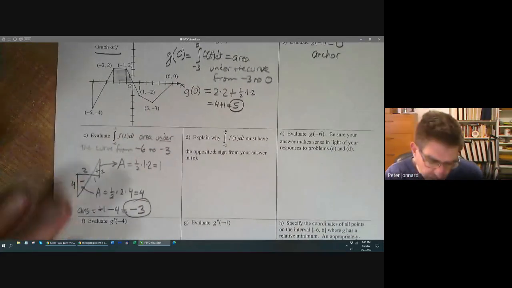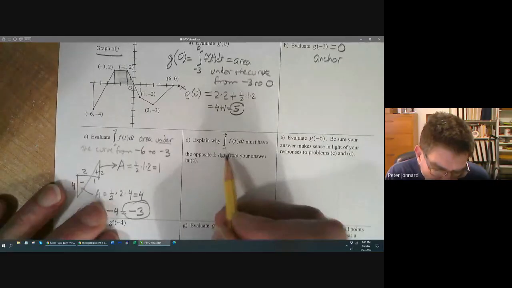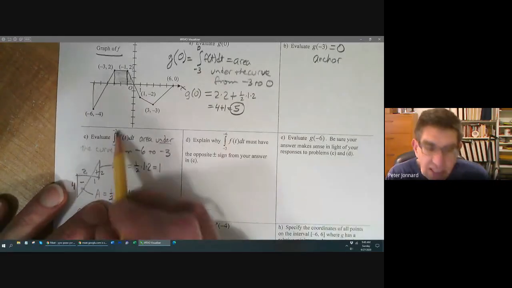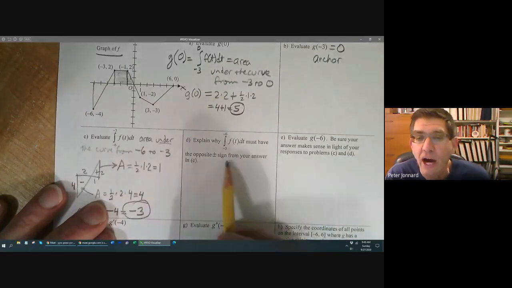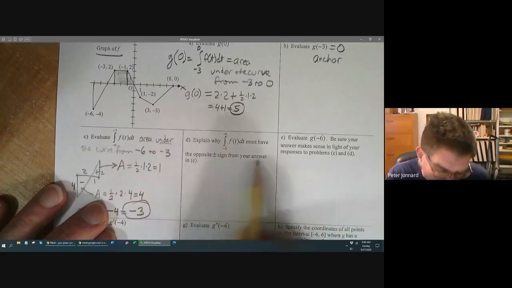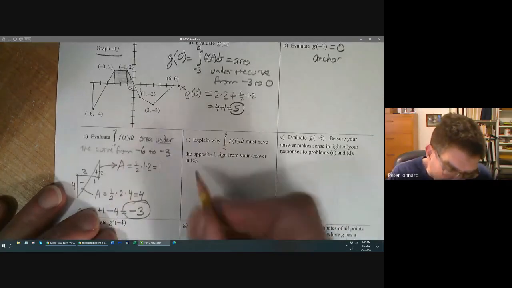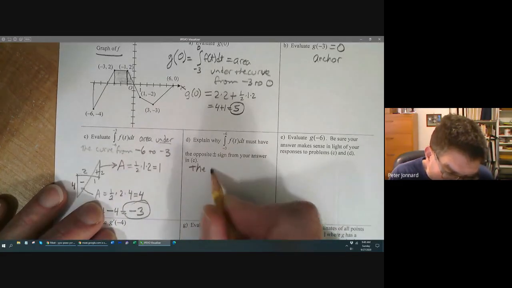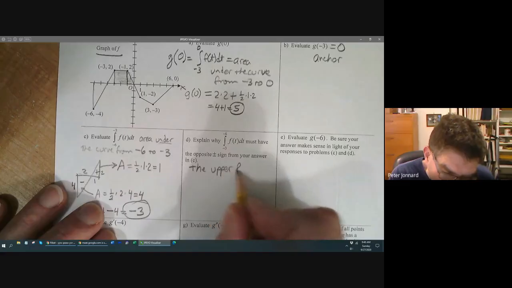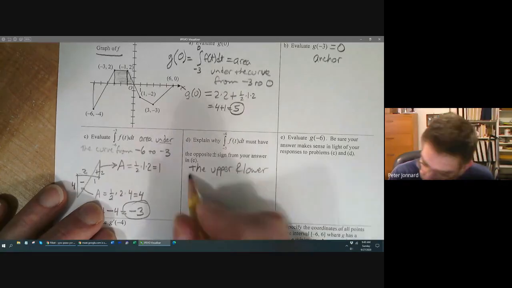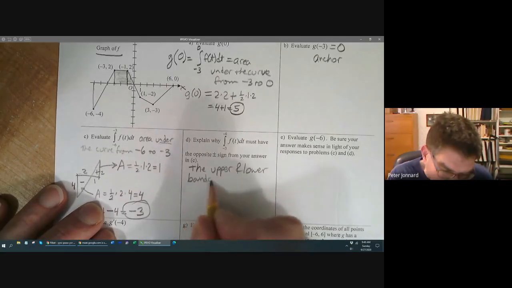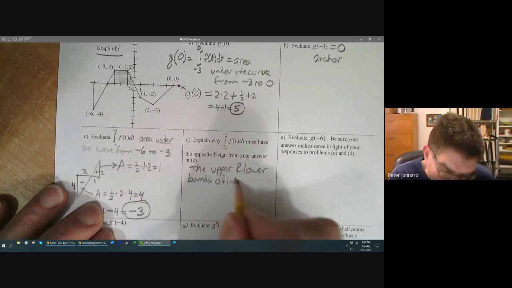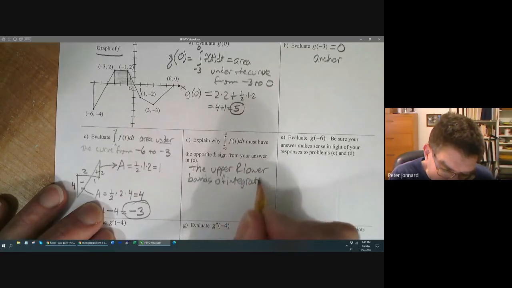Okay, explain why the integral from -3 to -6, that's the exact opposite of this, must have the opposite plus or minus sign from our answer in part C. The upper and lower bounds of integration have been switched.